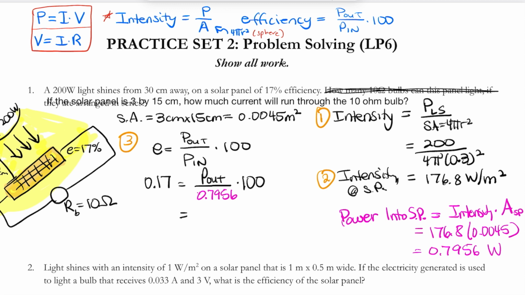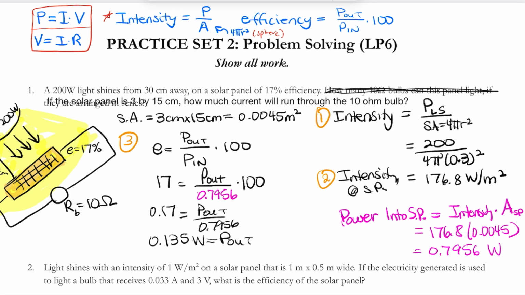This is 17%, so 17 divided by 100 is 0.17. Then multiply that by 0.7956. So you get power out is 0.135 watts.